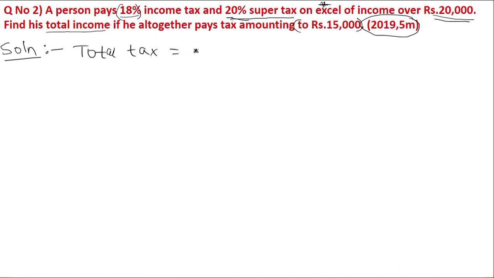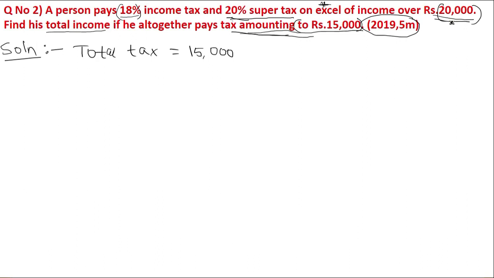Total tax, how much? 15,000. Correct. He is paying 15,000 as a total tax. So in this 15,000, how much is pertaining to 20,000 we have to see.